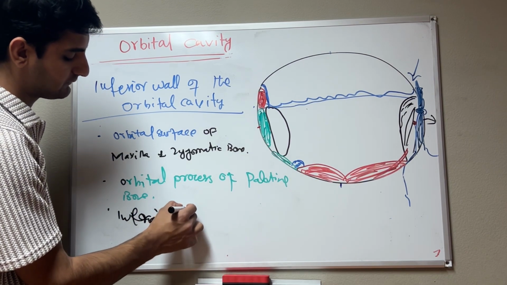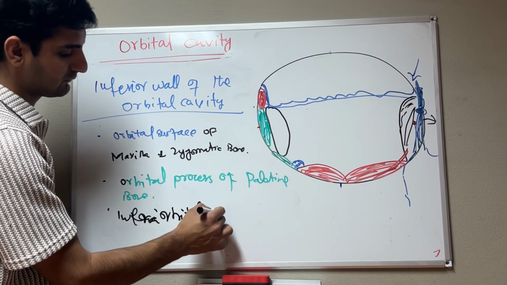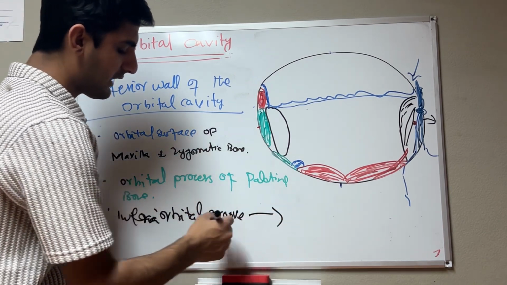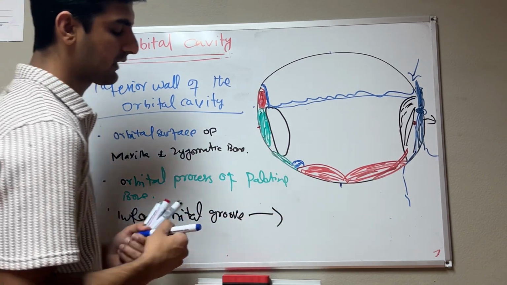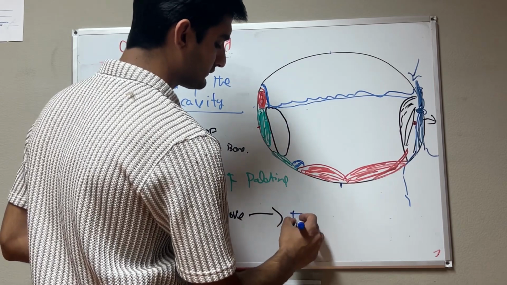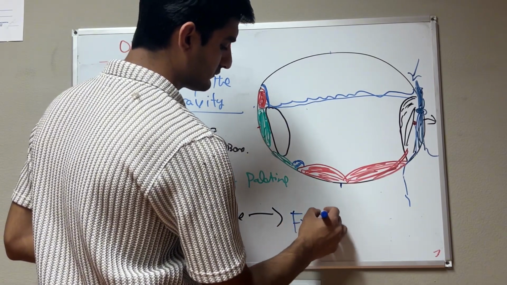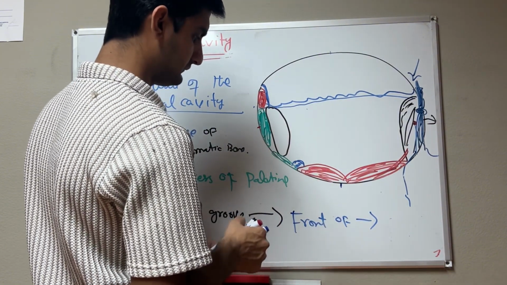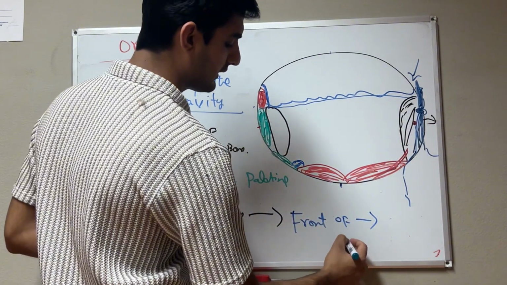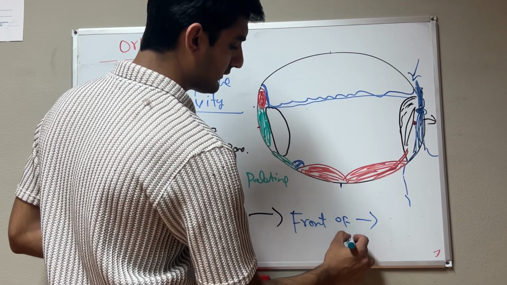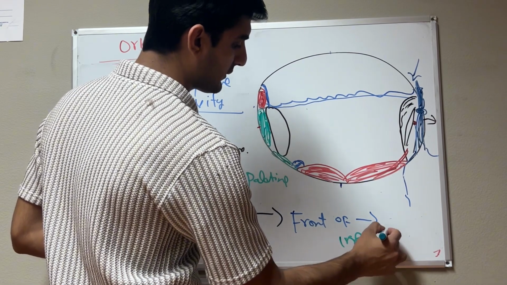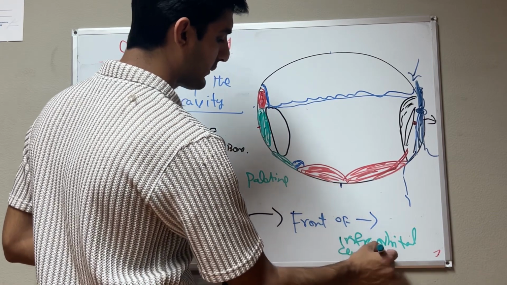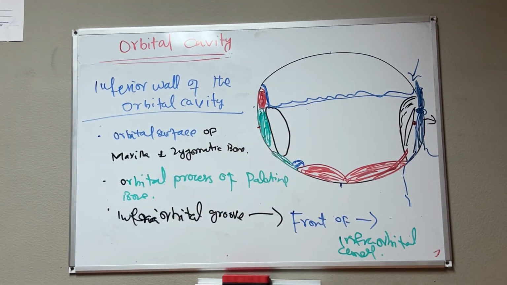In front of the infraorbital groove we have the infraorbital canal, and this canal opens into the infraorbital foramen, which we have in the maxilla bone.